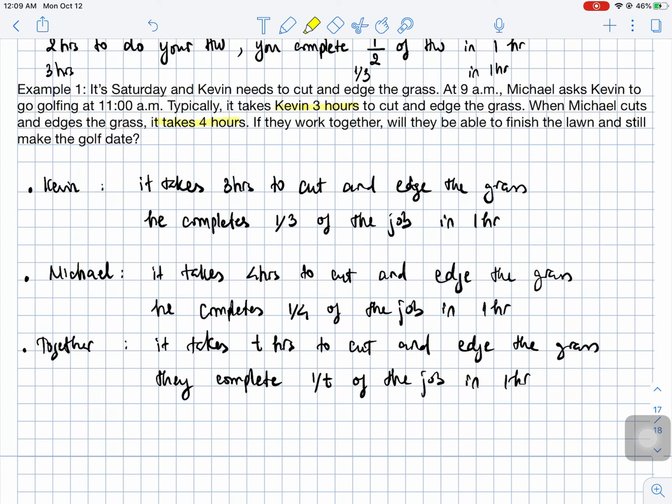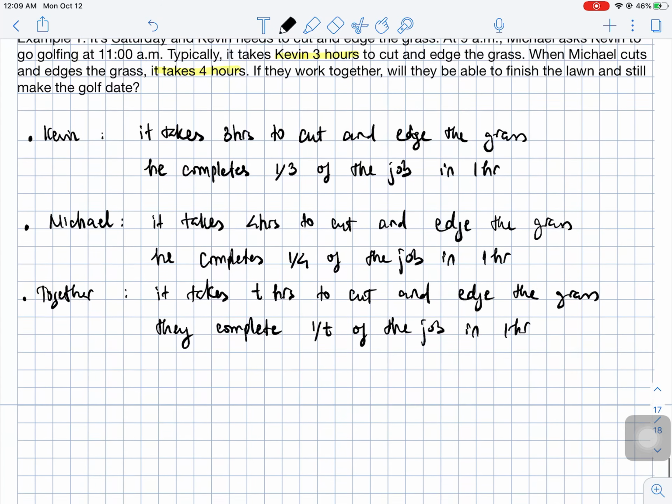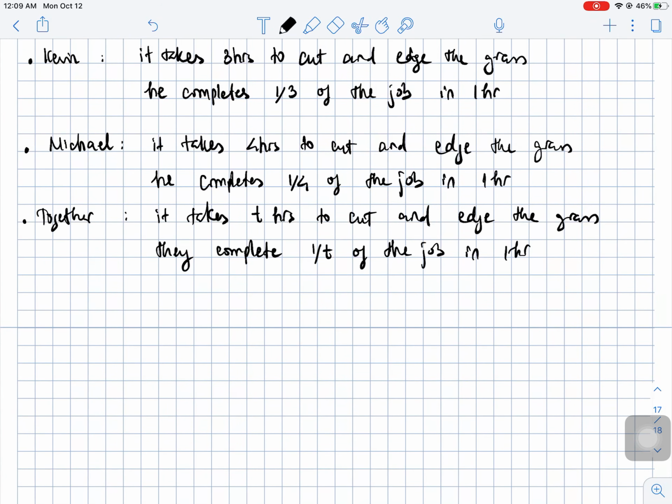It means that they complete 1 over T of the job in 1 hour. So we are looking at the job for each person and the job for both together.